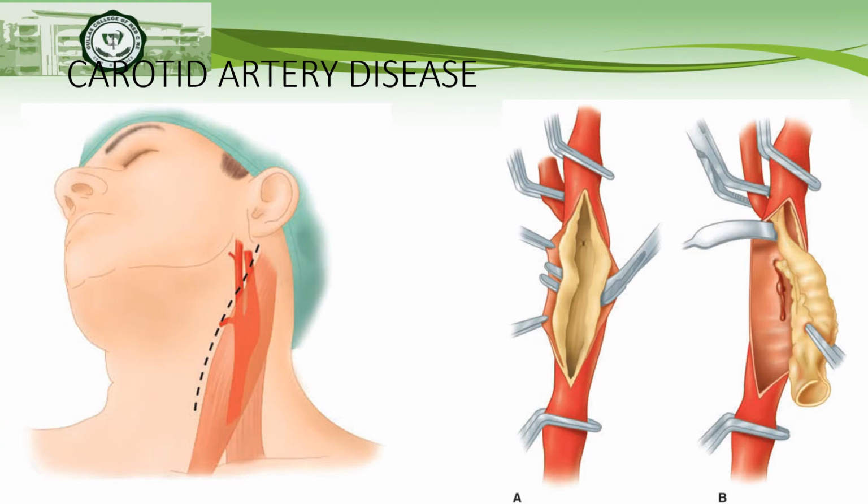Vascular clamps are applied in the common carotid, external carotid, and internal carotid artery. After that, we can then open up the affected segment. The plaque is elevated from the lumen, and once removed, the arteriotomy is closed either primarily or we may use a patch angioplasty, a synthetic patch, and then we suture it to the ends.